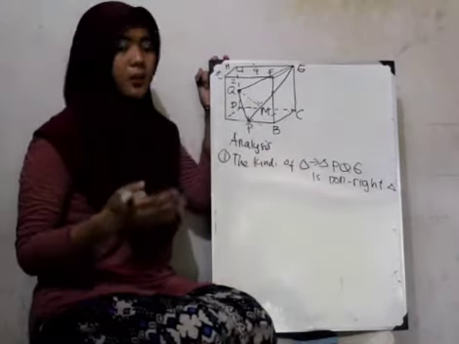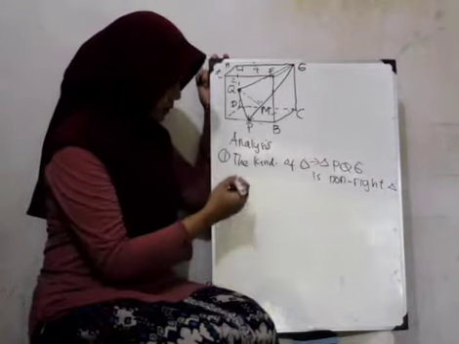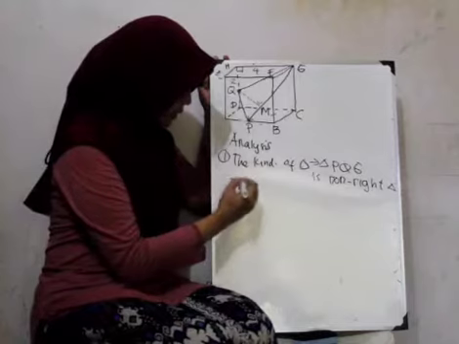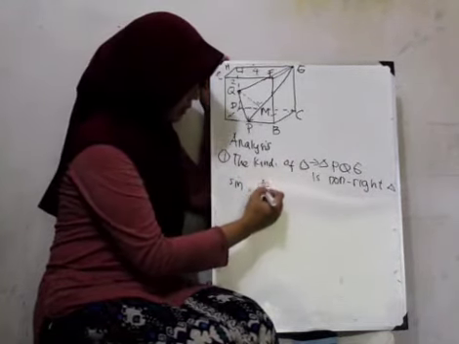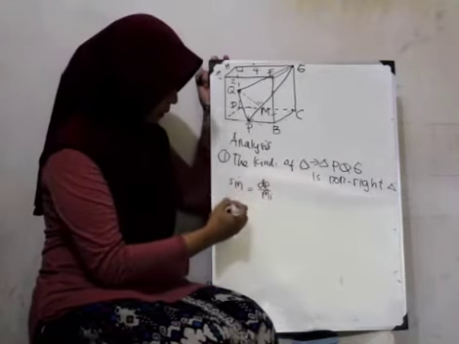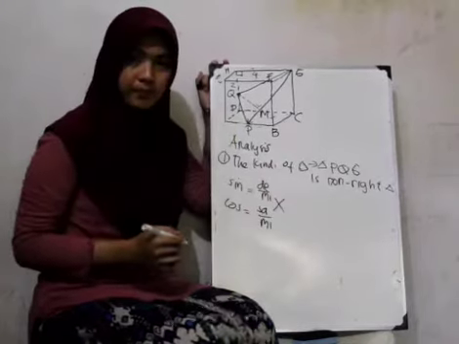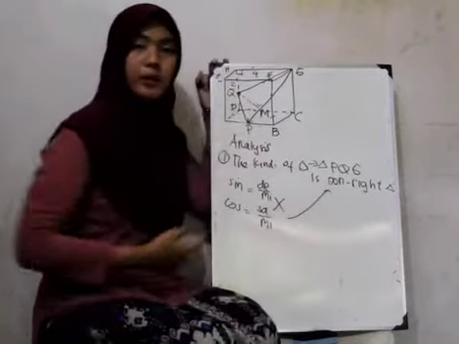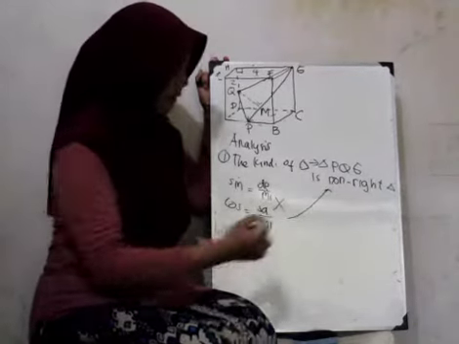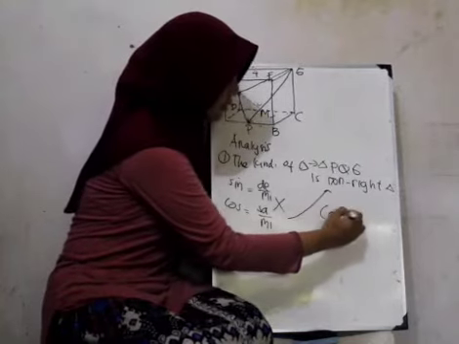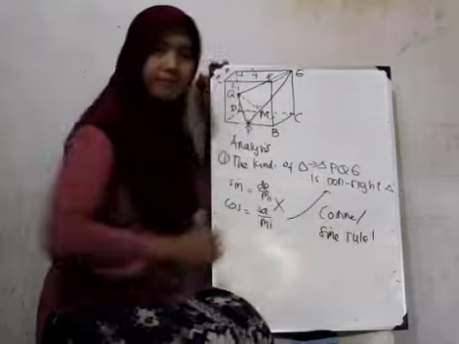Okay, so remember, if I have sine means demi, in Bahasa Indonesia, or cosine means samping, we can't use it since this is a non-right triangle. Alternatively, we will have to use the cosine or sine rule.